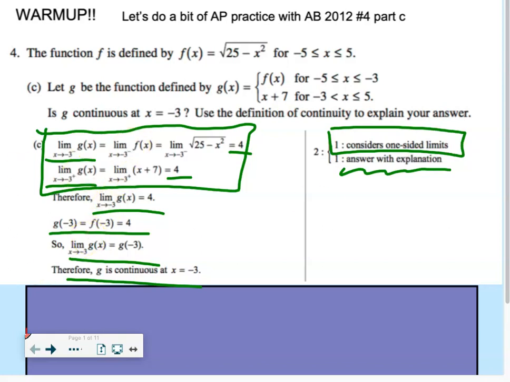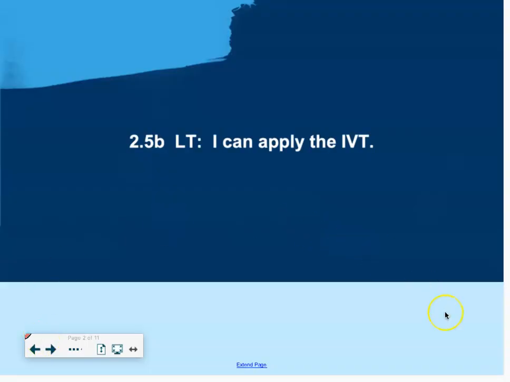Any questions on this little continuity question? All right. Something very similar to this might show up on your test. Your test is certainly going to have some multiple choice and some free response on a lot of different topics. Today, we are diving into our first real theorem, ignoring the squeeze theorem.